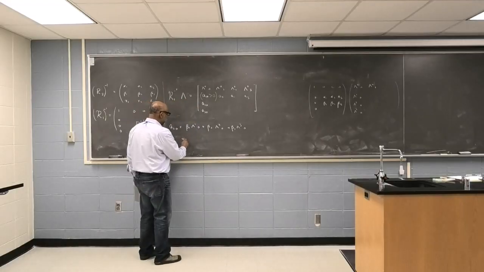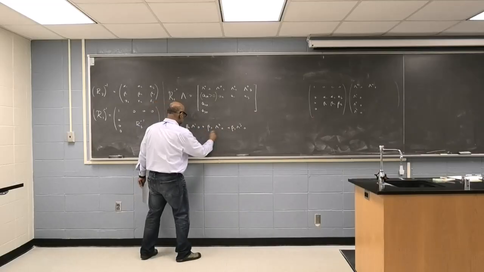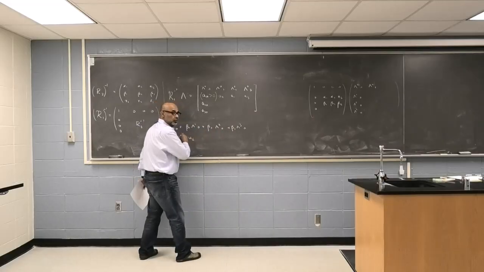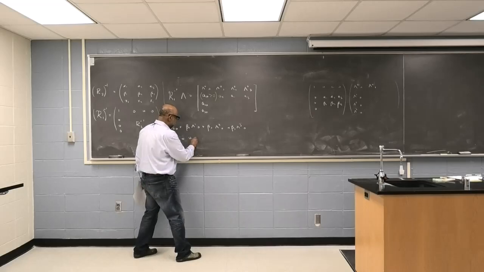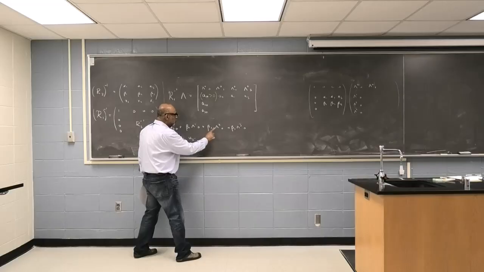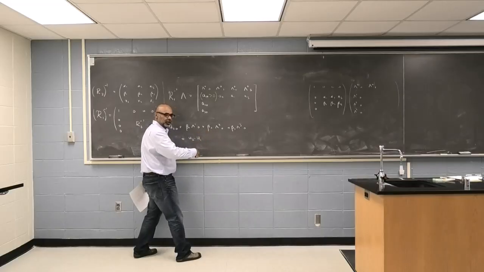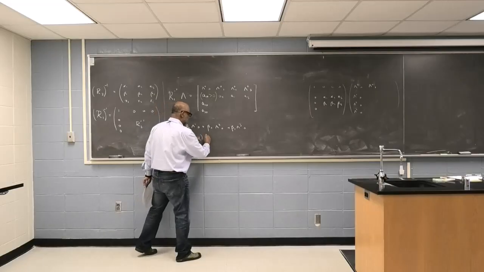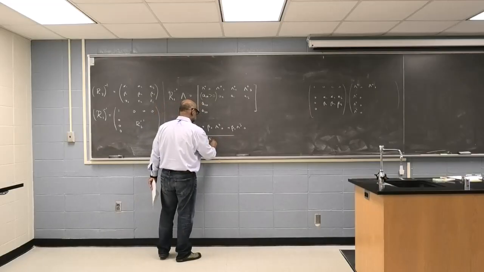This is nothing but the vector U2 times the standard dot product of almost U1, but U1 had something in the denominator, so that something was precisely this.